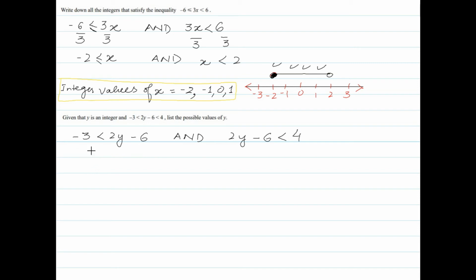So now we need to do a little working to make y the subject in both inequalities. So either you move 6 to the other side, or you add 6 to both sides. So if you add 6 to both sides, your minus 3 and plus 6 will be plus 3.